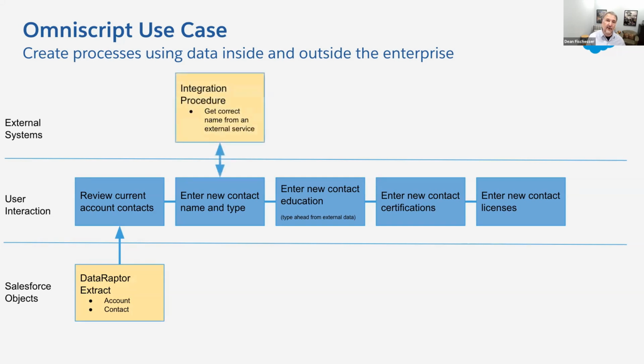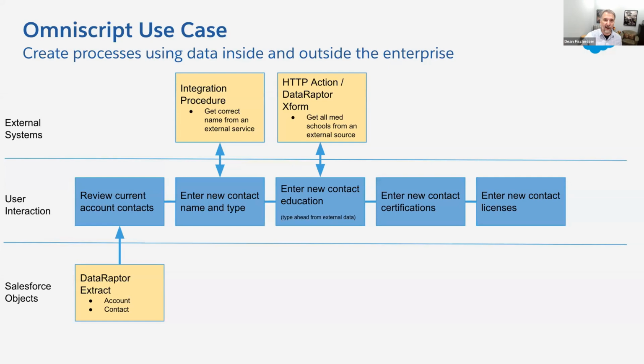Maybe the next step calls out to the NPES registry to validate the NPI number that I entered, to make sure that it was a valid NPI number, and even bring back some data about the physician. The third step maybe goes out and makes sure that as I enter the names of the schools this physician attended, I spell them correctly. But I don't want to store that list of medical schools inside of a Salesforce object.